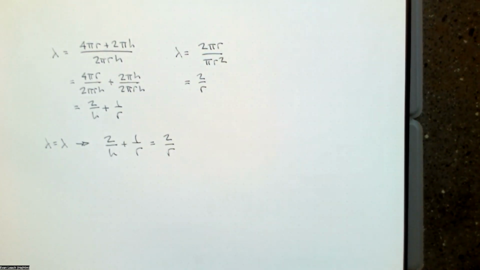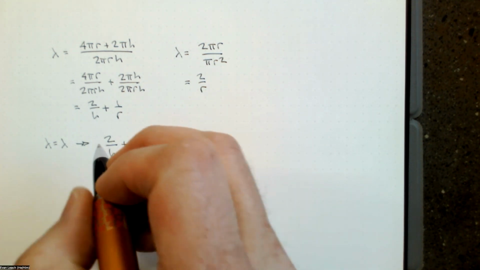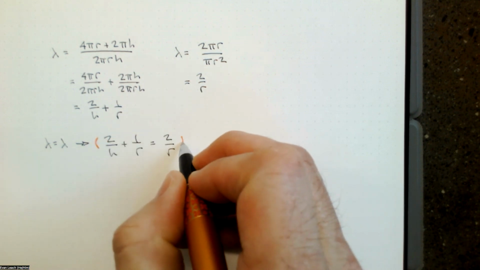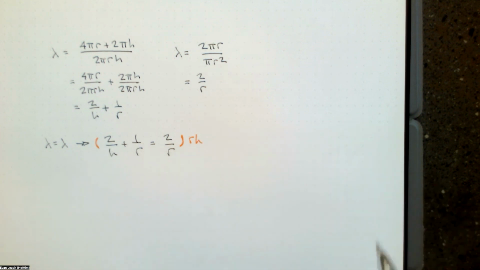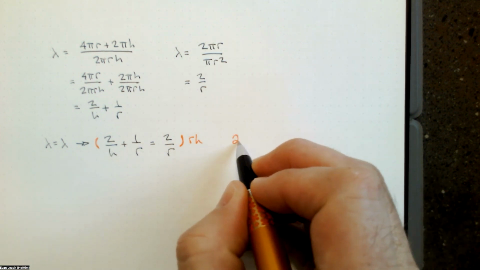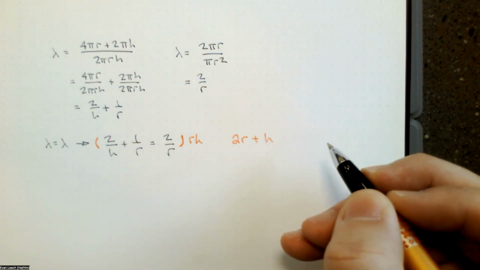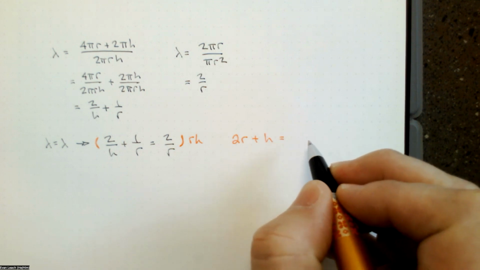So here's an equation. 2 over h plus 1 over r is equal to 2 over r. If I multiply everything by rh, that'll give me 2r plus h is equal to 2h.